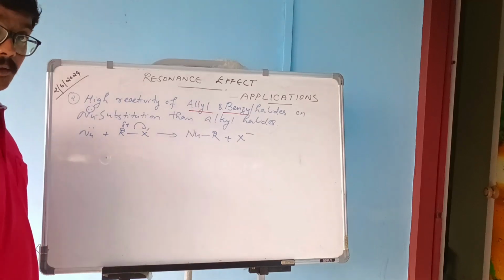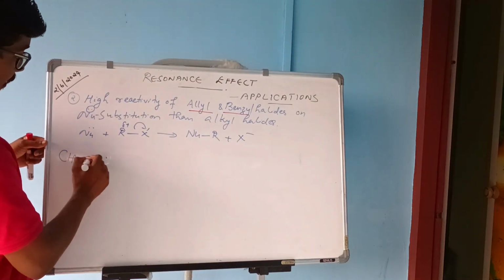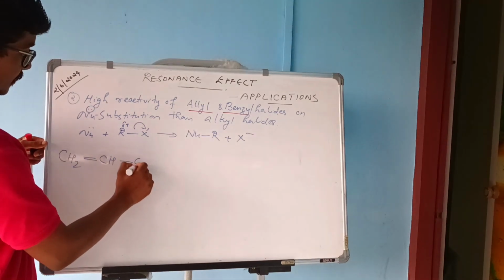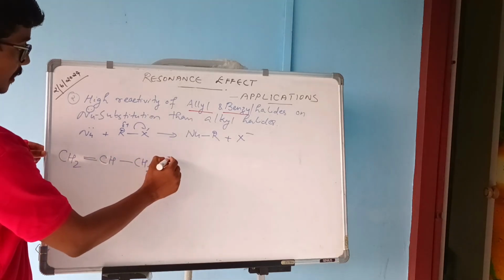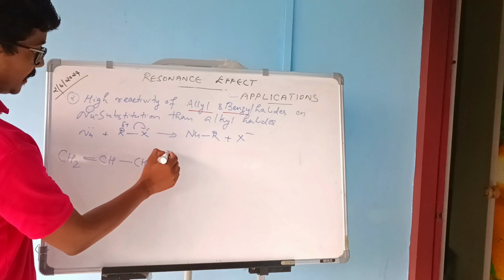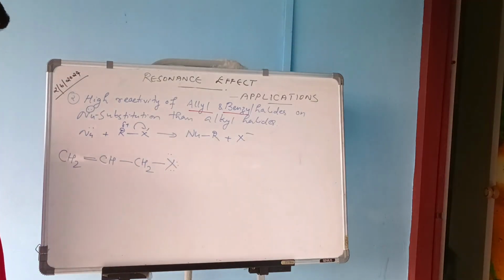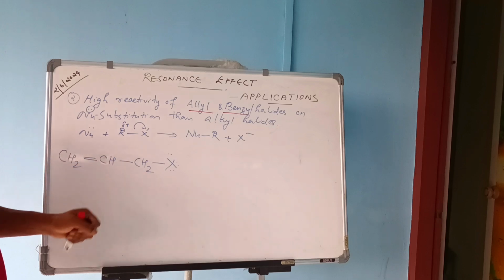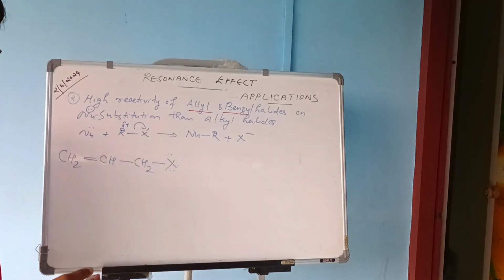And what about this allyl group? Allyl group is nothing but CH2 double bond CH single bond CH2 and a halide group is there, right? The halide group has a lone pair of electrons, right? So this is the allyl group. Okay, so why is it more reactive?